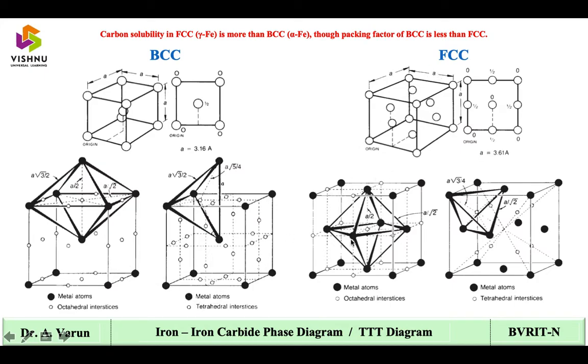The same thing in FCC, you can see the octahedral and tetrahedral interstitial positions, but their positions are different. And when you are given a distorted crystal structure, obviously it will have an effect on the overall solubility.